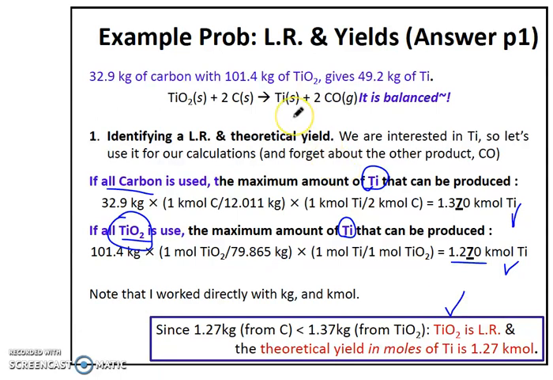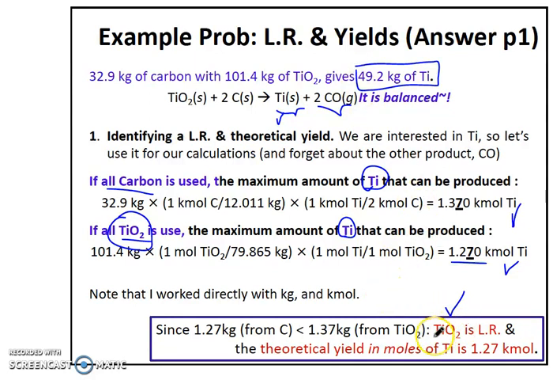By the way, the amount of product that we can calculate could be either titanium or carbon monoxide. The reason for this particular problem to calculate the amount of titanium is because the problem already gives us a given amount of actual product, titanium. So we were interested in calculating the amount of titanium.